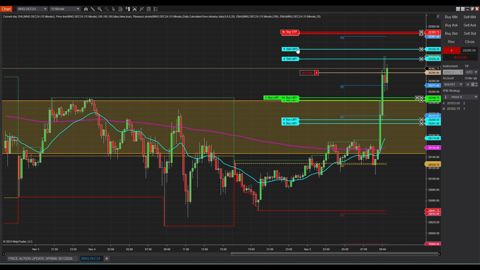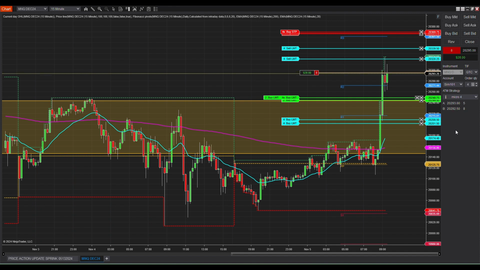Order is submitted on the downside. So that's the breakout there. If it comes here, it goes in, but I believe this is probably our high of the day.